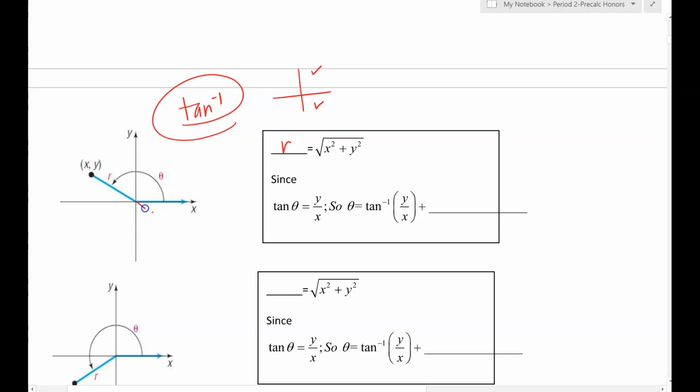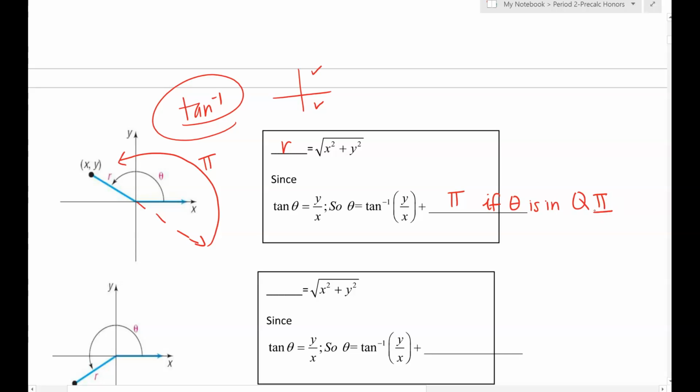When you punch it in the calculator and it's negative, it's saying, oh wait, you're in quad 4, but my answer is supposed to be in quad 2. So how do we get from quad 4 to quad 2? We add half of a circle, which means we add pi. So we add pi if theta is in quad 2.